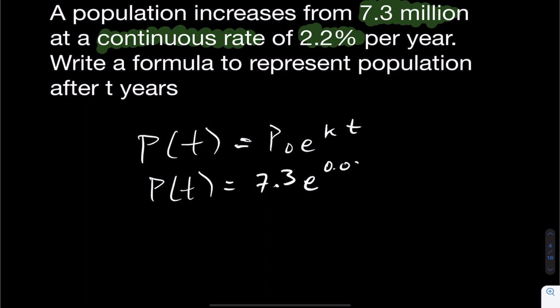Again, that must be written as a decimal, so we're going to take that 2.2%, divide it by 100, and that's my k value, and then we multiply by t. So what we have right here represents the population at time t, which starts at 7.3 million and is growing at a continuous rate of 2.2% per year.